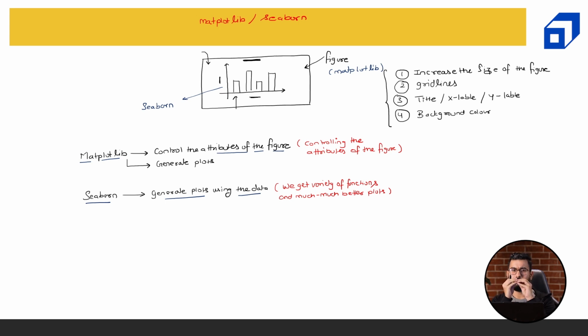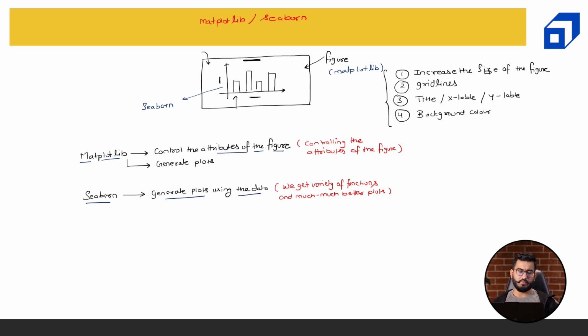There is no problem, because Matplotlib is working behind the scenes to control your virtual working area, your virtual canvas. And on top of this, you can generate plots using any library. It can be Seaborn, it can be Plotly, it can be anything. So these are the two core libraries, and I hope you understood why we need these two libraries and what the core objective of each is.